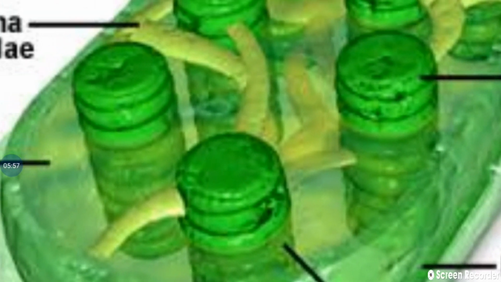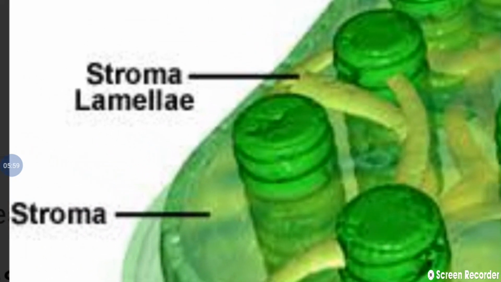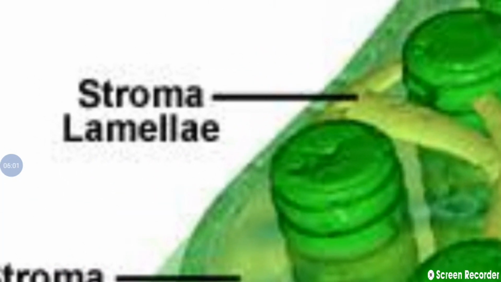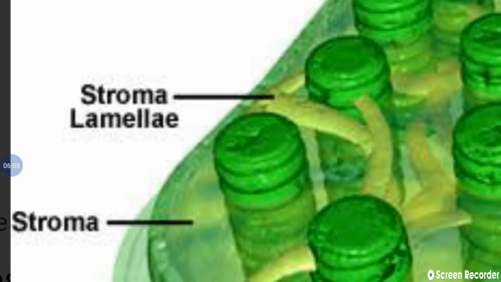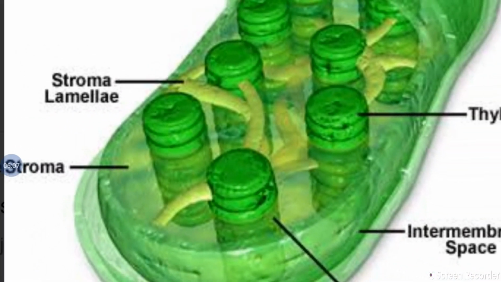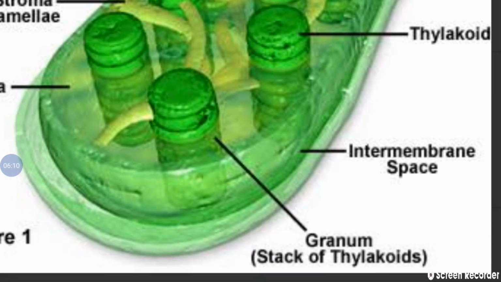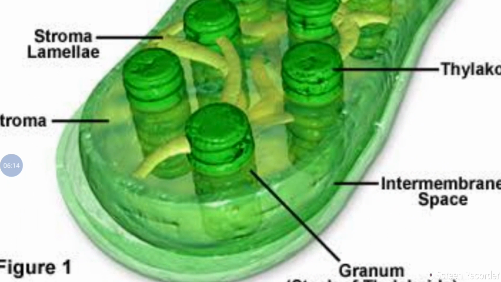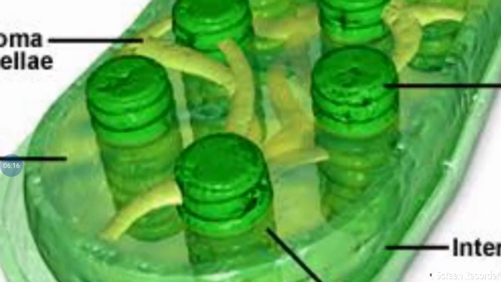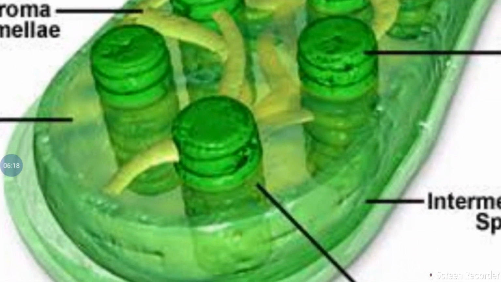Granum are connected by stroma thylakoids or stroma lamellae. The granum are appressed regions and the stroma lamellae are non-appressed regions.